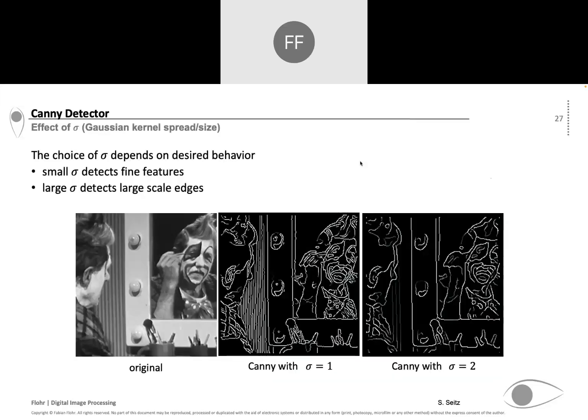And now if you want to focus on the major edges, right? But the term major edges is not really correct. You would just focus on the edges which have a high contrast difference in the image. So you would be able to reach that also by increasing the sigma.